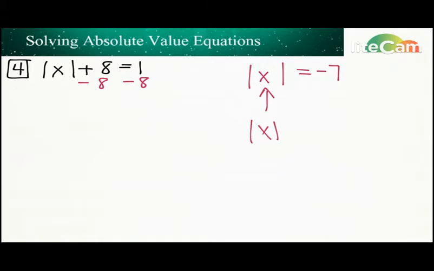So the absolute value of x must be a positive number. Well, the problem is that the absolute value can't be -7 then. There's no way that an absolute value is ever going to make a negative number. So in this case, the answer to this problem is no solution.